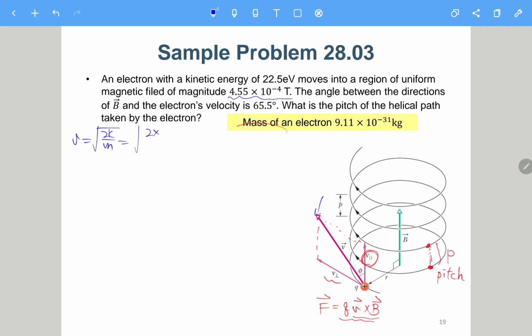K is 22.5 eV, and then multiply by 1.6 times 10 to the minus 19, all over the mass of the electron, 9.11 times 10 to the minus 31. So this velocity is 2.81 times 10 to the 6th power meters per second.